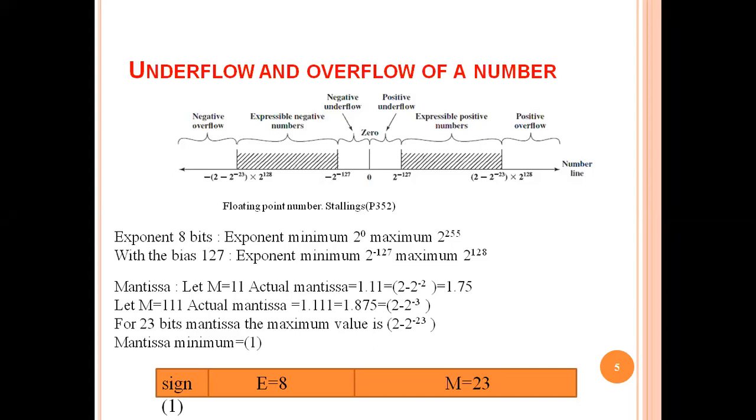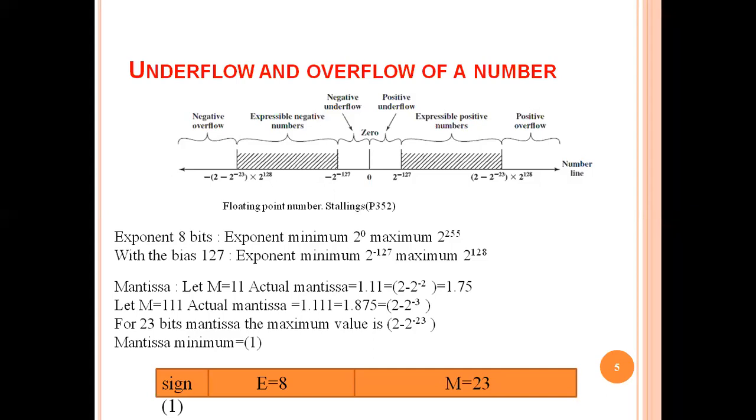Now we have already learned the IEEE 754 number. In that representation, I have already told you there are some special numbers. Using those special numbers, we can represent infinity, 0, positive infinity, negative infinity, etc. Now, what is the capacity of the computer? That means what is the maximum number it can represent and what is the minimum number it can represent, if I use the IEEE 754 single precision number that I have shown here.